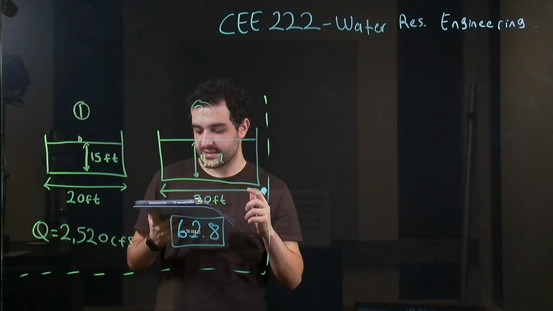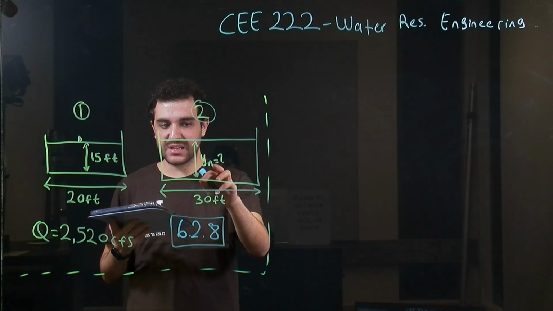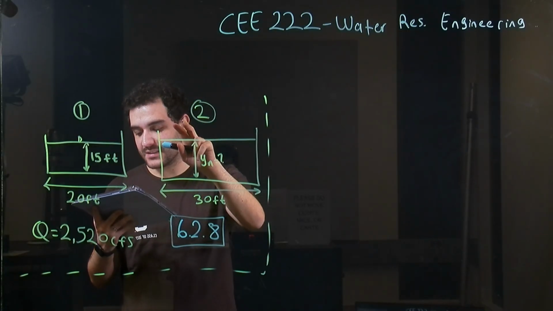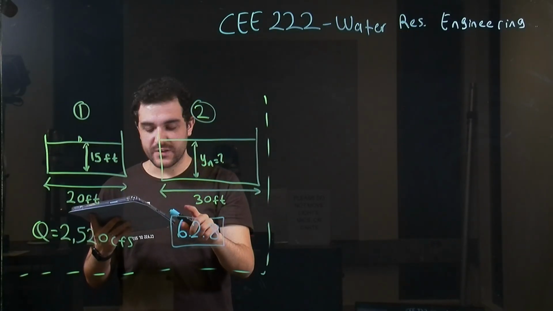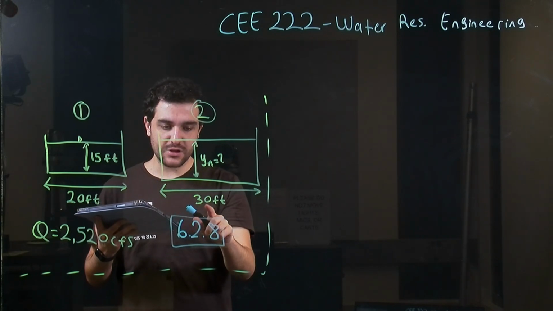So the question says, what will be the new normal depth in this second channel when the width of the channel expands to 30 feet?